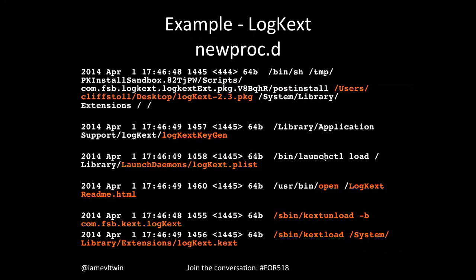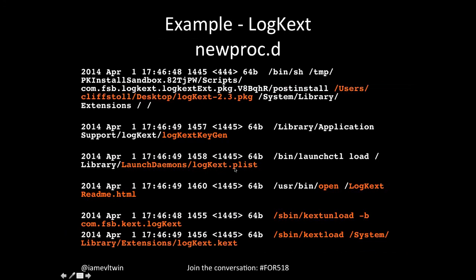So a few examples using the tools that I was showing you before. So newproc.d is showing us this executing from the Logkext 2.3 package file that was located on Cliff Stoll's desktop. We see executable files that are associated with it. There's this Logkext keygen file. It looks like it's installing launch daemons, which is a persistence mechanism.